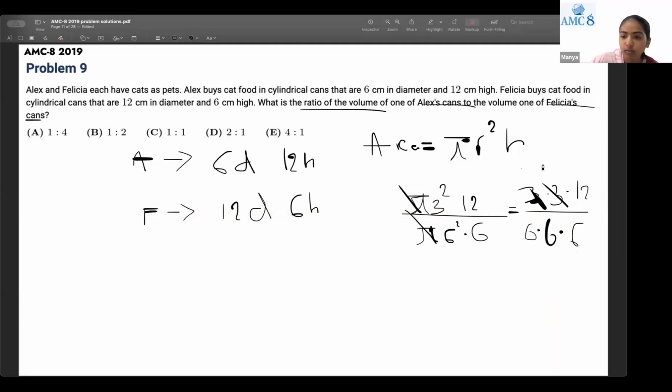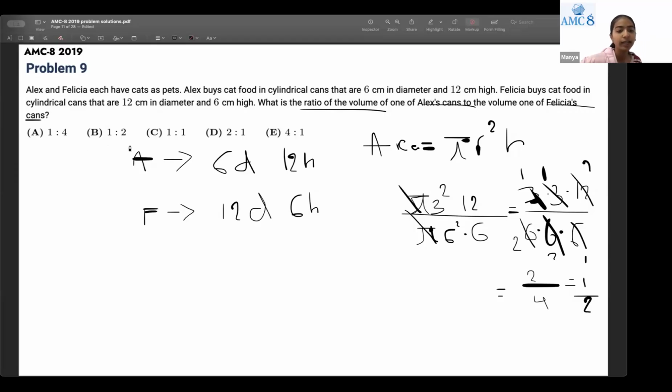I'm just crossing off these, and then that's going to be 2 and 1. And so if we write this on the bottom, we would be getting 2 times 2 over 2 times 2, which is equal to 4. And so 2 over 4 is equal to 1 over 2. And so the ratio would be 1 to 2. And that's how we got our answer choice B.